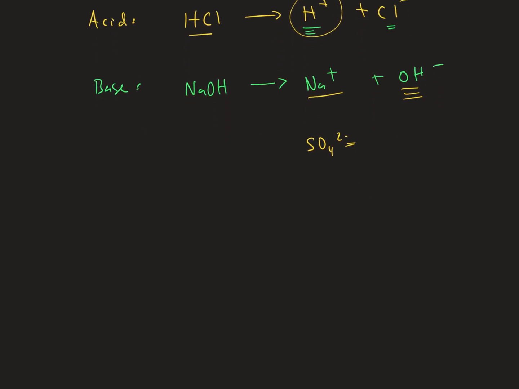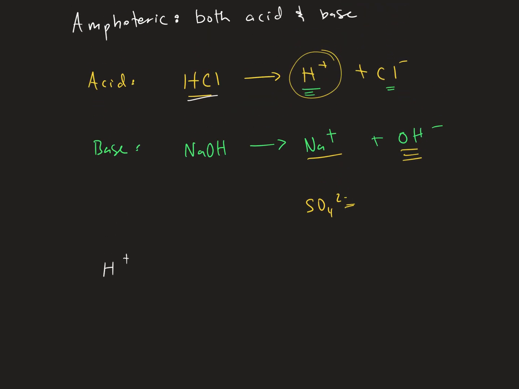All right. Let's do one more. So if we threw HCl in water, it turns to H plus and Cl minus, both aqueous, right? So H plus with water turns into hydronium ion.